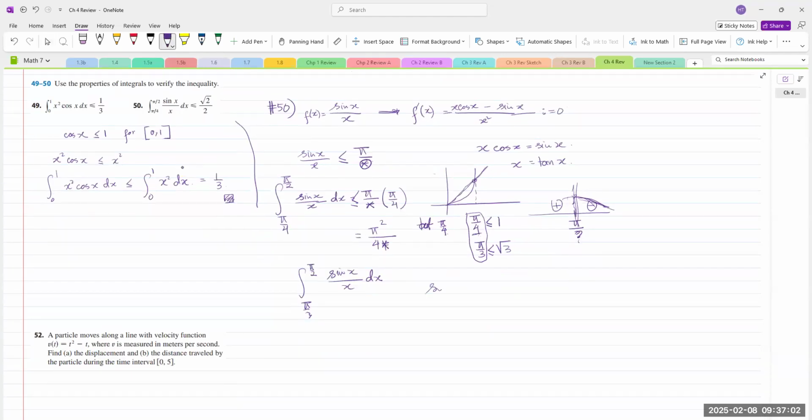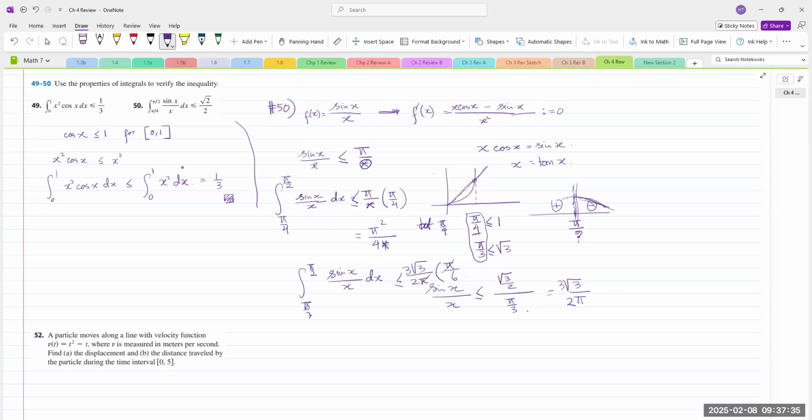So if this were the question, sine x over x is less than or equal to sine pi over 3, which is radical 3 over 2, over pi over 3, which is radical 3 over pi times 3 over 2, multiplied by the length of the interval, which is pi over 6.